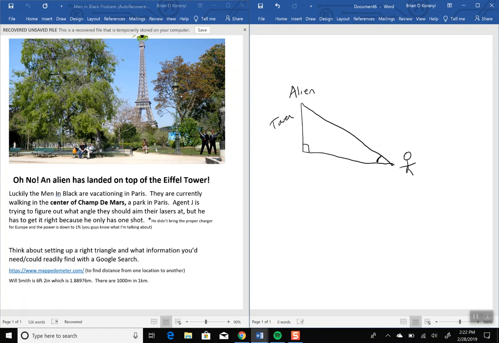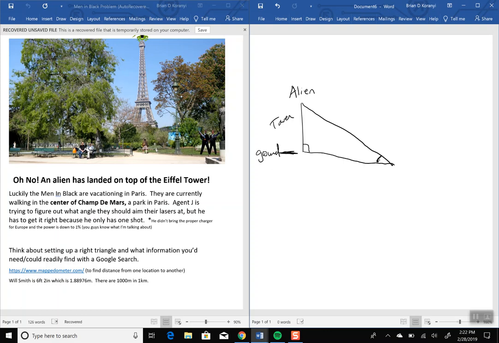So there's kind of two ways you can approach this problem. One is, if you just draw the triangle straight up like this, without any consideration of the human, you have to realize that the base of this tower is the ground.